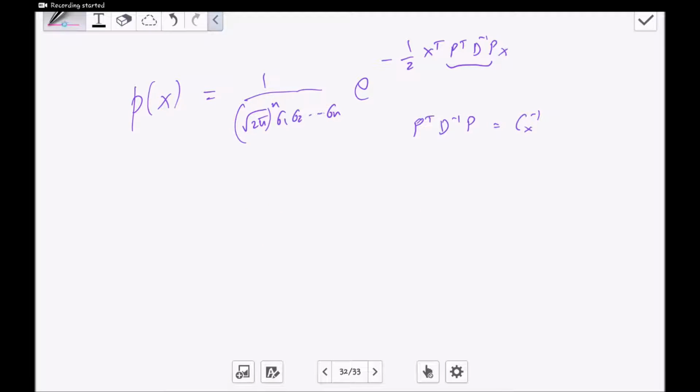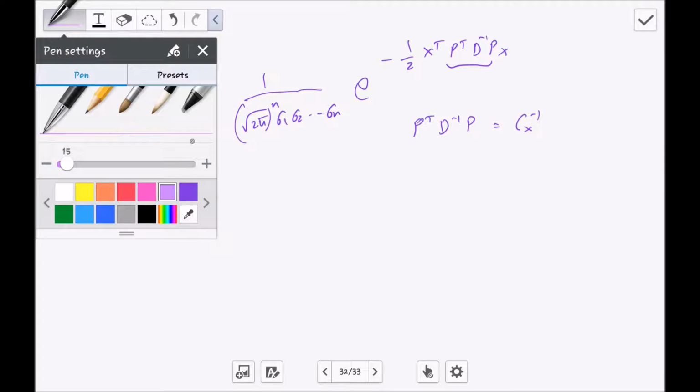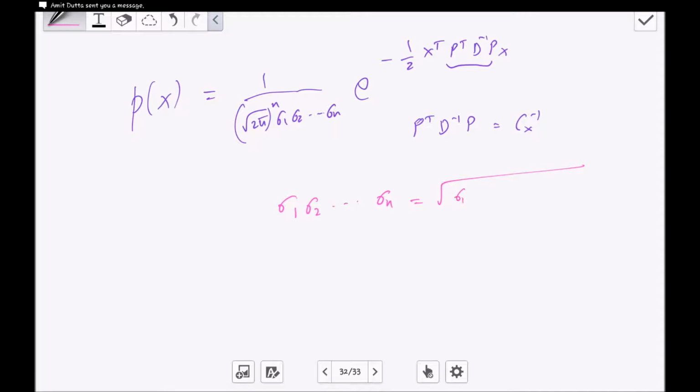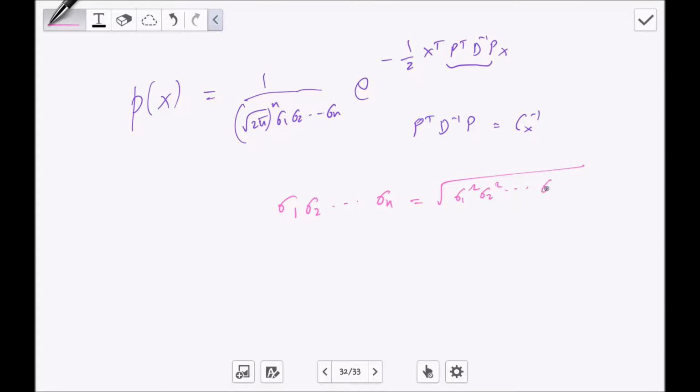So what do we have now? We have sigma 1, sigma 2, so on up to sigma n in the denominator. Now let us see what this is. Now we have this as the square root of sigma 1 squared, sigma 2 squared, so on up to sigma n squared. Now once this is done, let us see what this sigma 1 squared, sigma 2 squared, so on up to sigma n squared is.